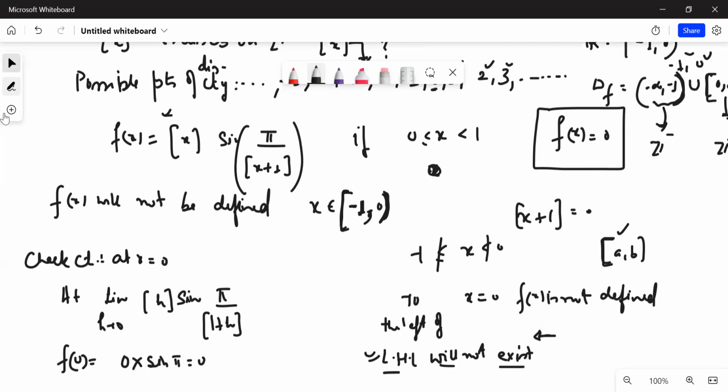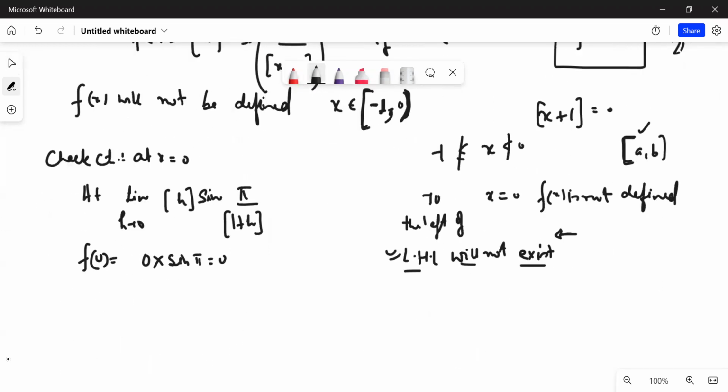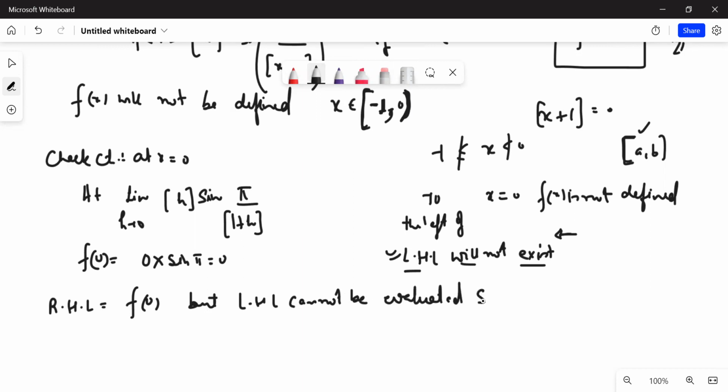So it is clear that your right hand limit exists and it is equal to f of 0, but the left hand limit cannot be evaluated since it is not in the domain of the definition of the function, right?